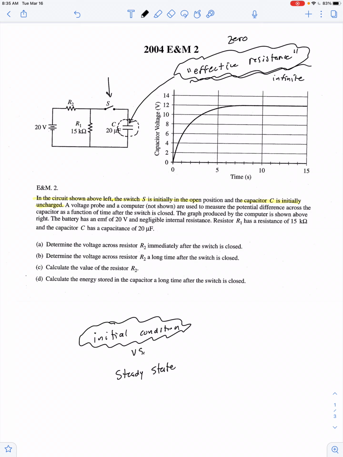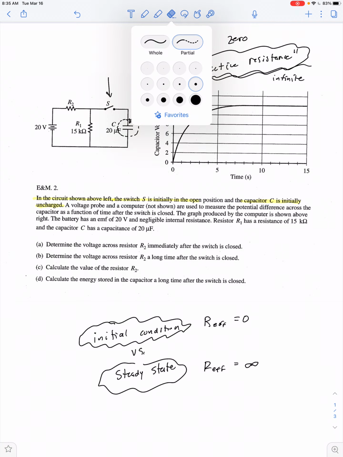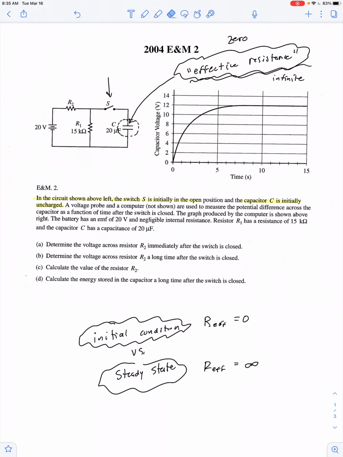Right, so in the initial condition, R_eff, the effective resistance of the capacitor, is equal to 0, and in the steady state, the effective resistance of the capacitor is infinite. If you keep that in mind, then you can actually solve what appear to be complex circuits in a fairly simple way.